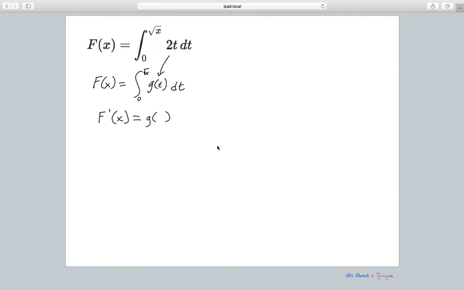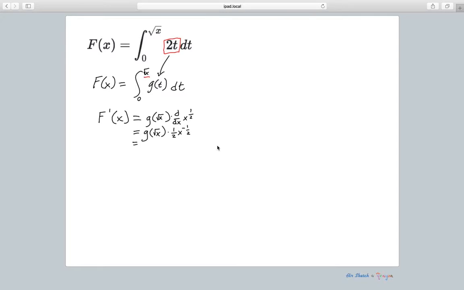But instead of x, since my upper limit is root x, its own function, it's going to be g of root x times the derivative of root x. Remember, root x is x to the 1/2, right? All right, so what am I going to have? g of root x times 1/2 x to the negative 1/2. And I'm going to go back, since this was g of t, and now I want g of root x, I'm just going to replace the t with root x.